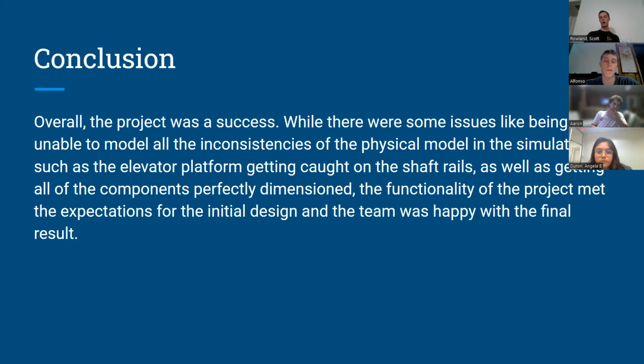However, we were able to model the friction of the rails on the platform itself using a damper. And aside from those slight issues, the project went smoothly overall, and the team was very happy with the final design and the results that it produced.